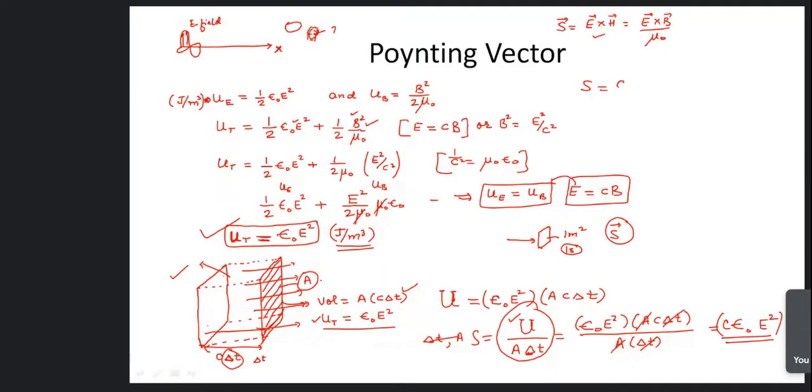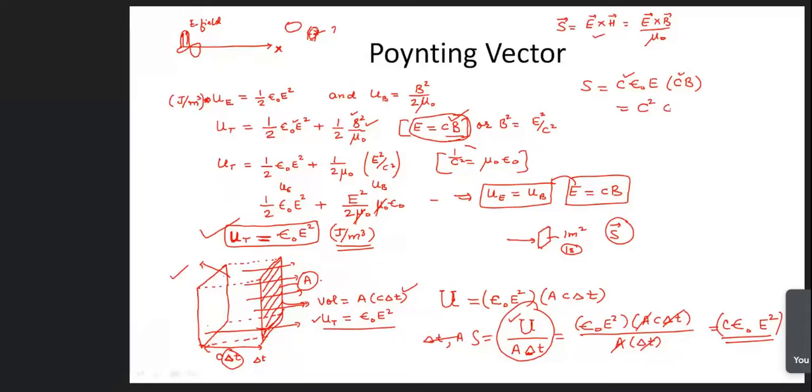So it is c epsilon naught. I can write this E square as E times E. And for one of the E fields, I can use this relation, that E is c times B, so c times c will give you c square.